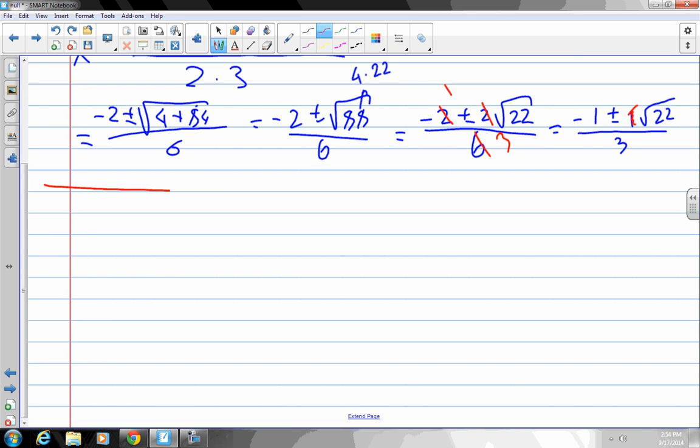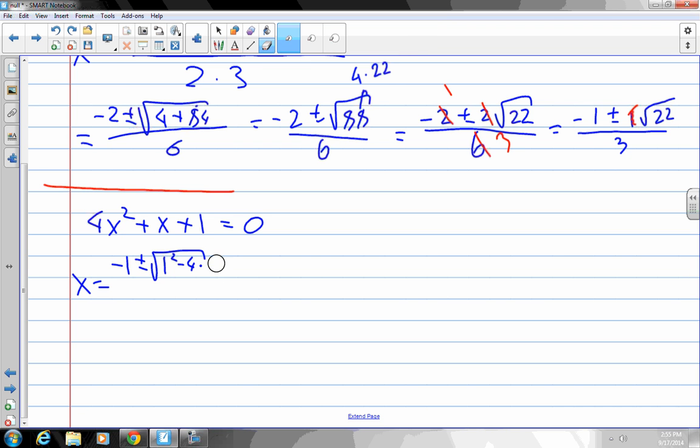Let me do another example. 4x squared plus x plus 1 equals 0. So again, if I want to solve it by the quadratic formula, then we get negative 1 plus or minus the square root of 1 squared minus 4 times a, which is 4, times c, over 2a.